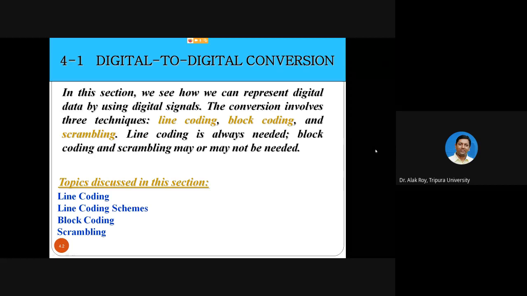The conversion techniques involved are line coding, block coding, scrambling. Line coding is always needed, but block coding and scrambling may or may not be needed. That's why we will cover line coding in detail.